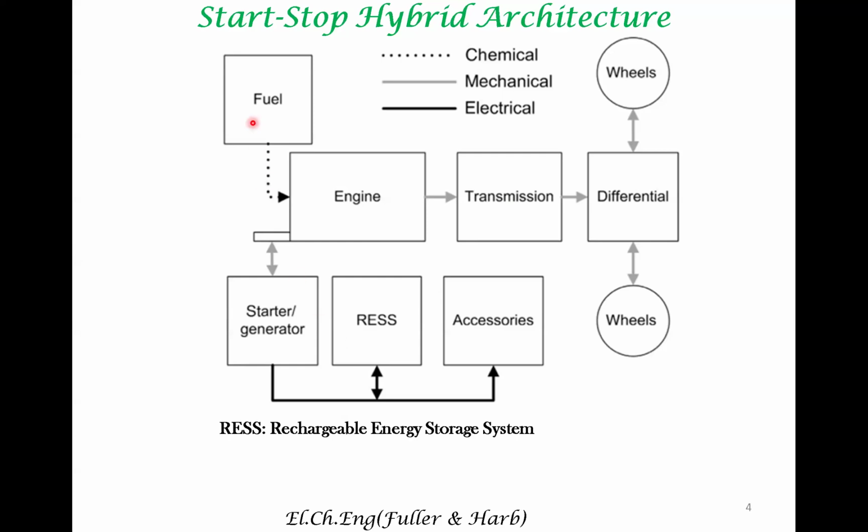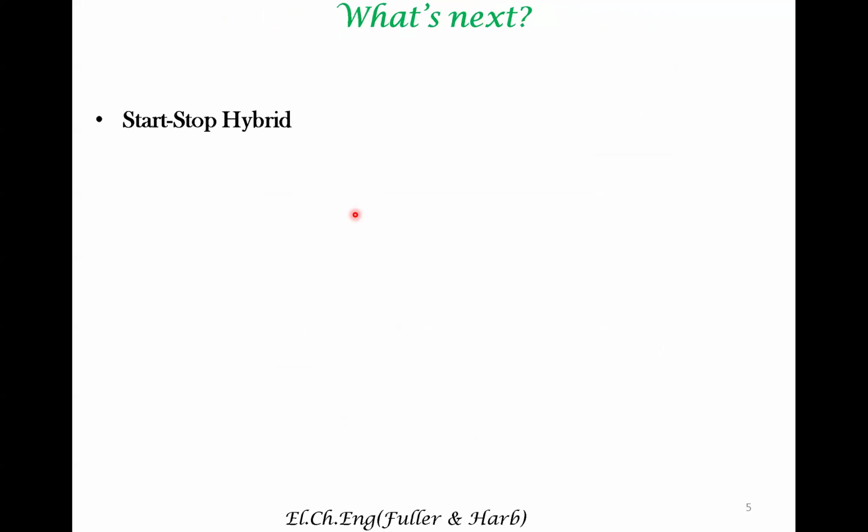That is, this engine operates at least fuel consumption and maximum efficiency in a narrow range of operational condition, narrow speeds and narrow torque requirement, not torque output. All right, because of all these reasons, hybrid architecture is preferred. We will emphasize these issues in the context of start-stop hybrid architecture, which will be the topic of the next lecture. Thank you.